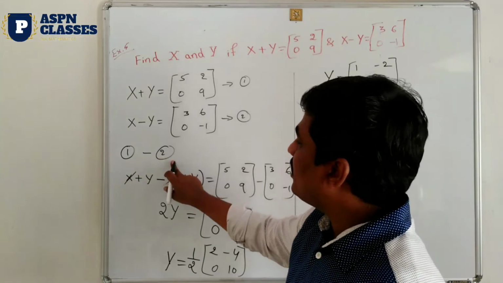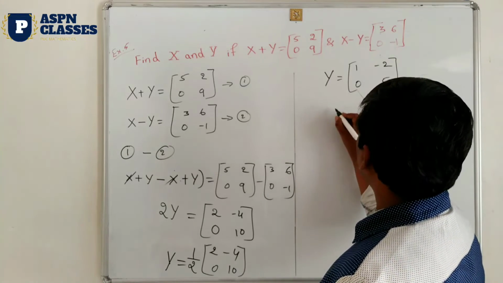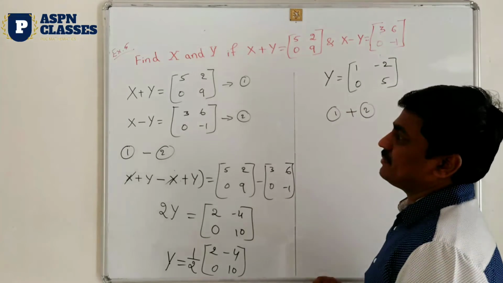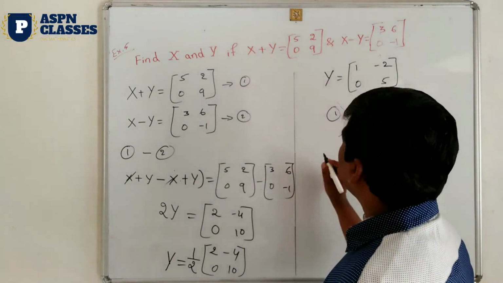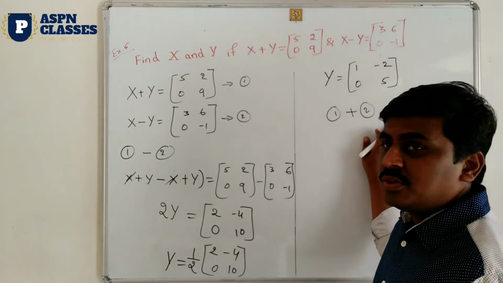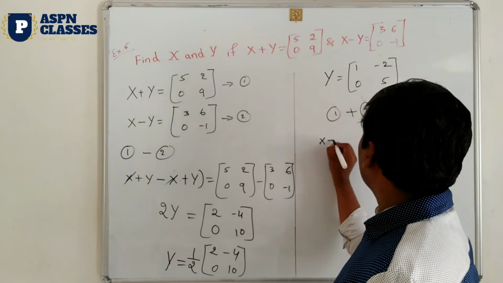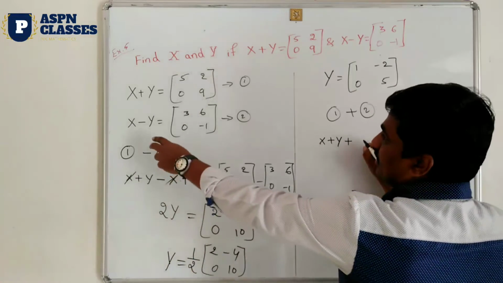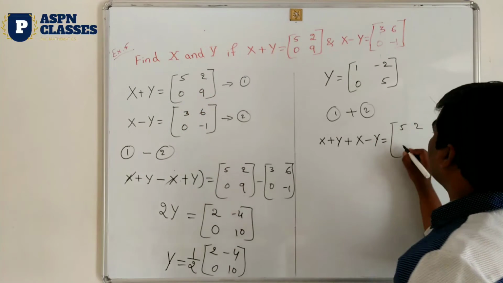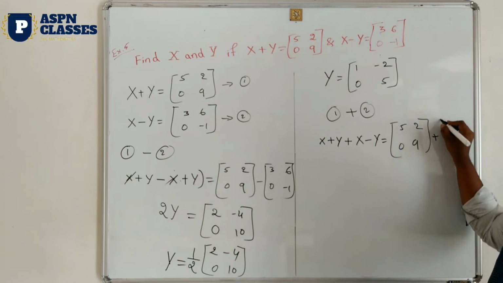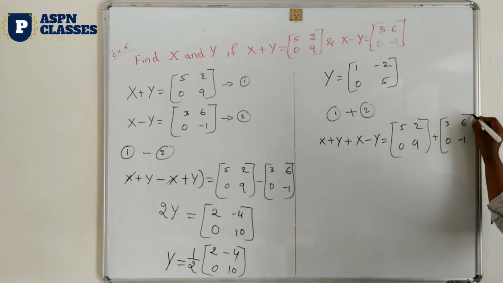Similarly, equation 1 minus equation 2 you are taking. Next case, equation 1 plus equation 2 you can take here. Then adding these two equations, what is the answer? Equation 1 plus equation 2, again the LHS result x plus y plus x minus y is equal to, one more time write the RHS result, 5, 2, 0, 9, then plus 3, 6, 0, minus 1.